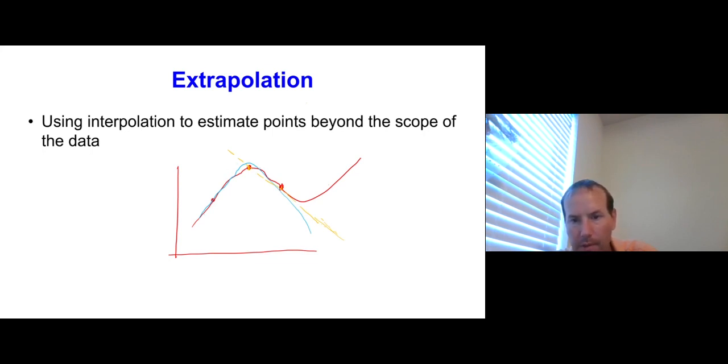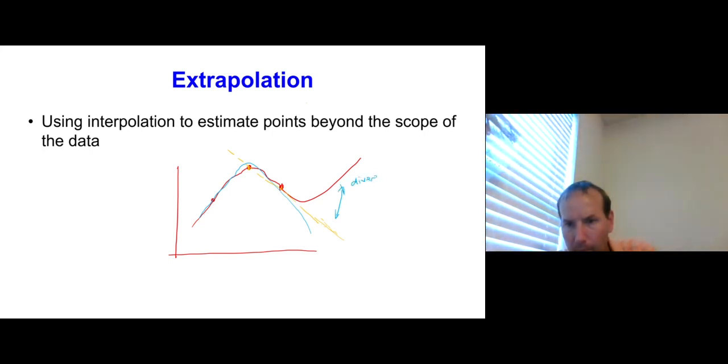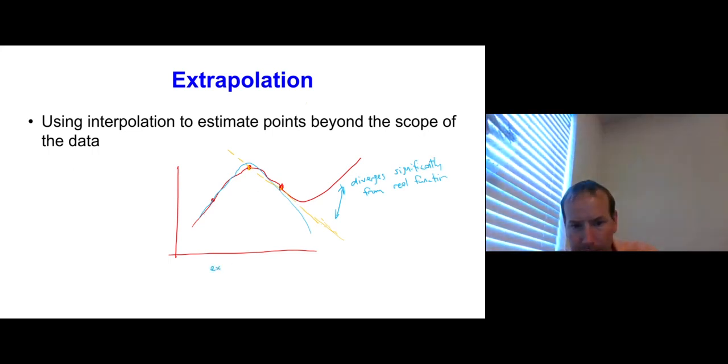But when you're going beyond those data points, that quadratic is likely to diverge very far from the solution. So the overall lesson here is extrapolation is really prone to error.